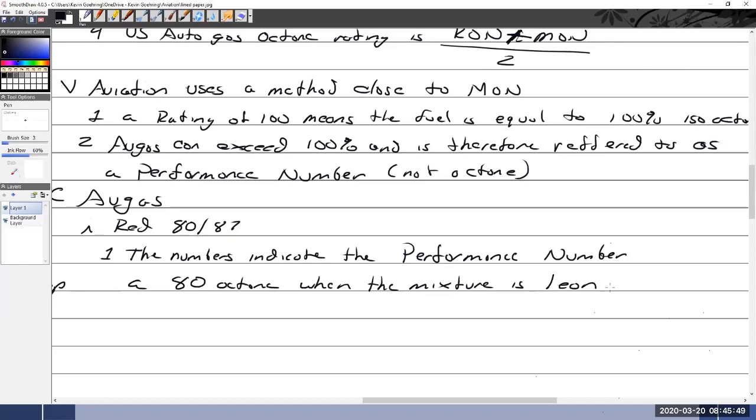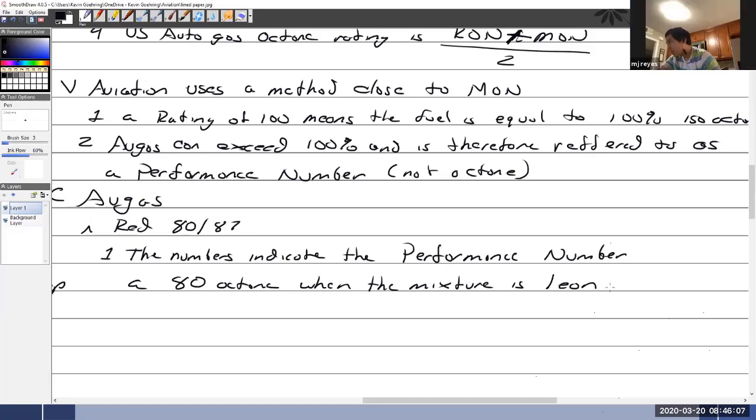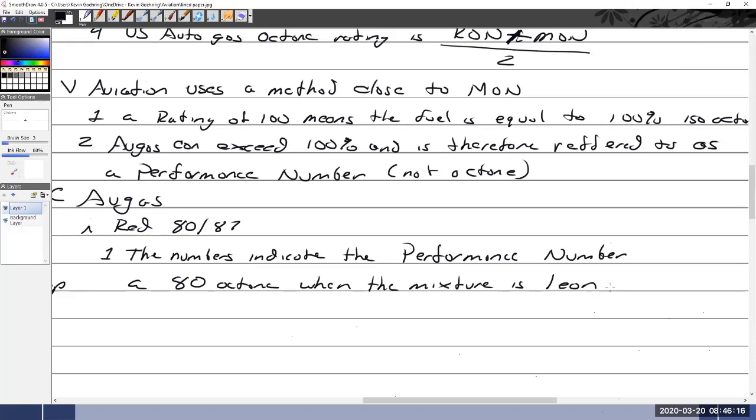There's a place where fuel is chemically properly mixed with air, and it takes a certain amount of air and a certain amount of fuel molecules to be completely combusted, and that's actually called stoichiometric. At this spot, it's considered stoichiometric. Then if you have less fuel and more air, it's lean, and if you have more fuel and less air, then it's called rich.